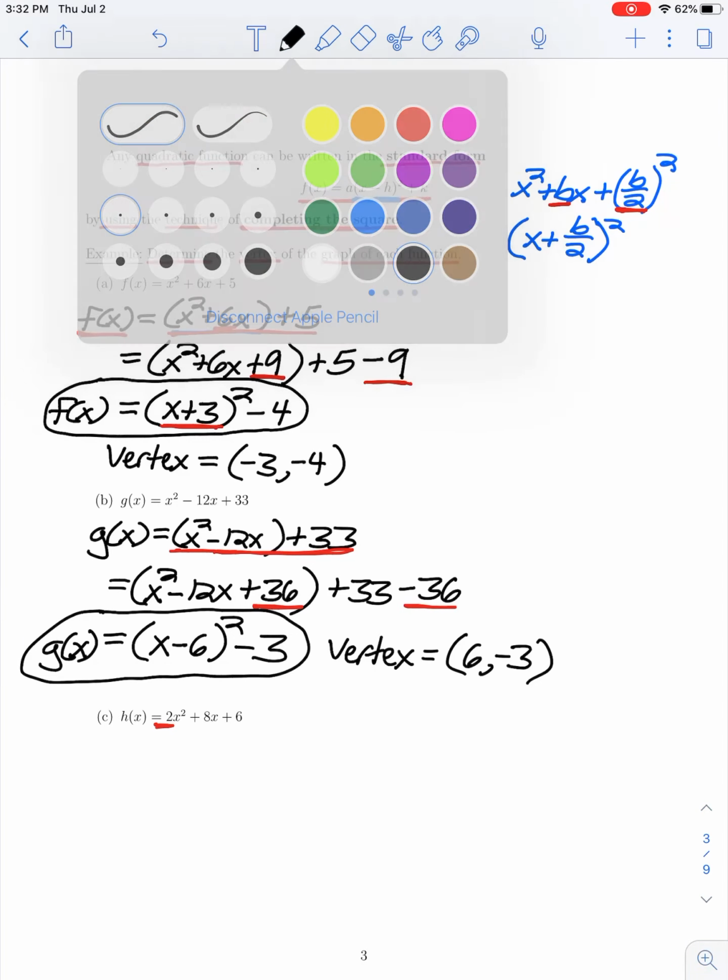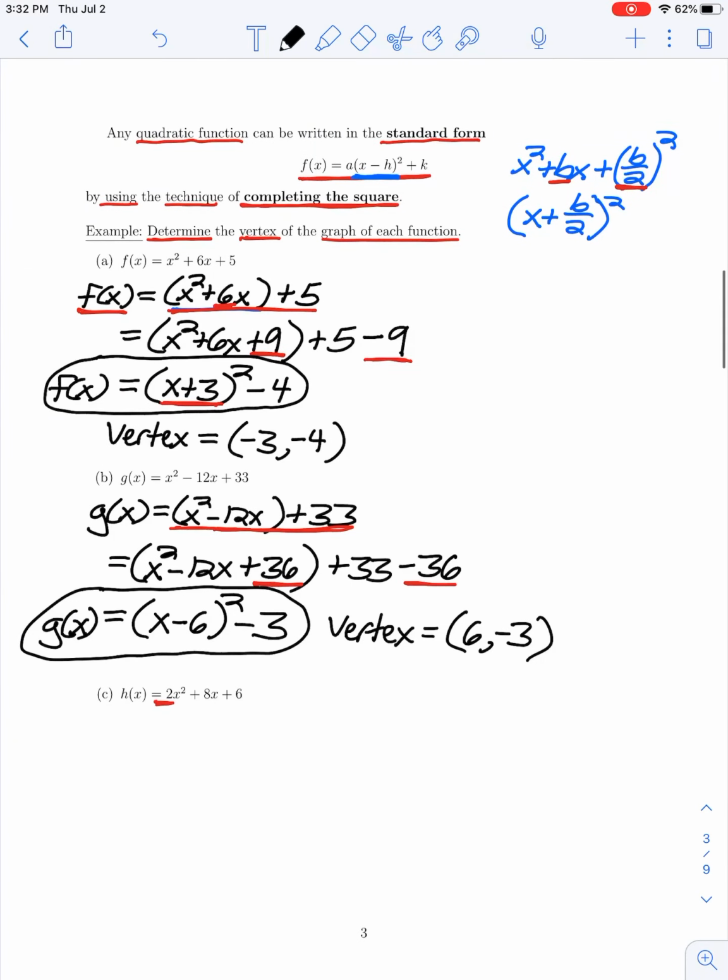So anytime that I have a leading coefficient, that is a coefficient of x squared, that's something other than 1, my first step is to factor out that coefficient from this function. So if I pull out a 2 from each term, I'm going to have x squared plus 4x plus 3.